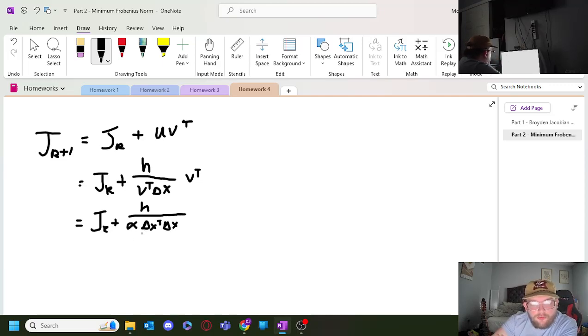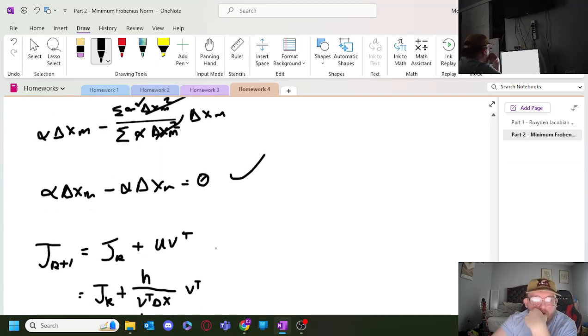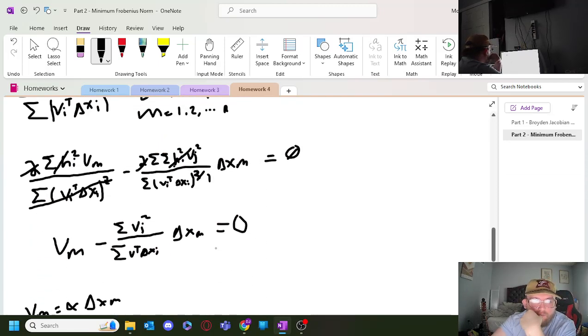Now remember when we did the first part of this, delta x transpose times delta x is the same as just saying the norm of that squared. Because that returns a scalar value, because it's an inner product. Actually, I think I screwed up somewhere up here.